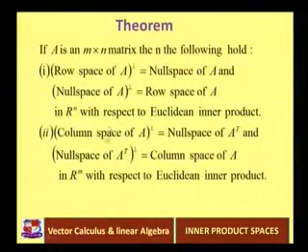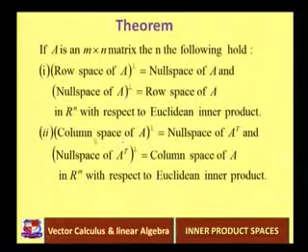Second, the column space of A perp is equal to the null space of A transpose, and the null space of A transpose perp is equal to the column space of A.